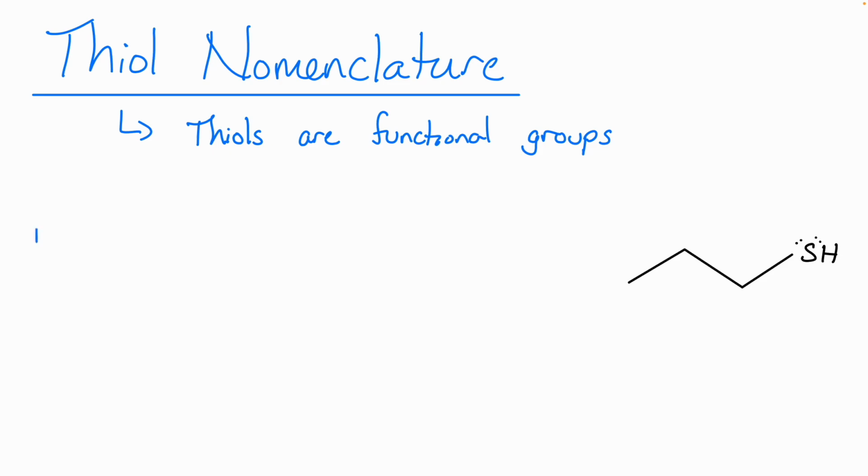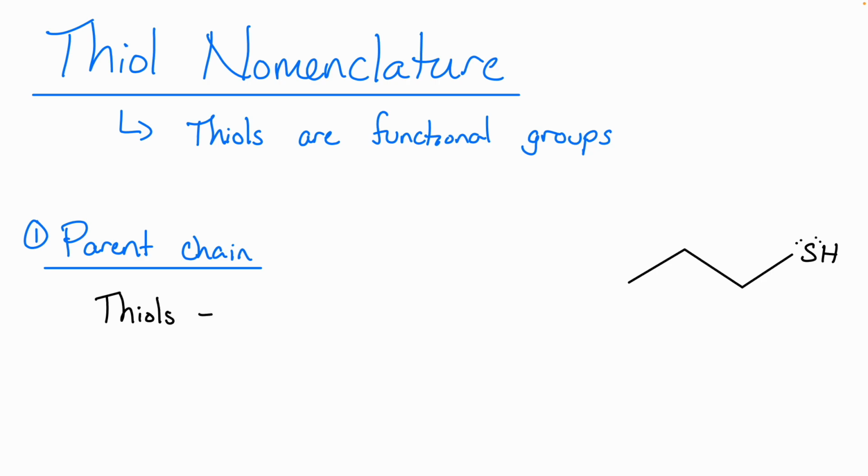Now when we find our parent chain, we again want that longest continuous set of carbons, with our functional group caveat. Importantly, now that we have our new functional groups, we have our new suffix. For alcohols, we use the suffix "ol" to end them. For thiols, they got real creative, we're going to use the suffix thiol. The functional group name is literally what we use in our nomenclature.